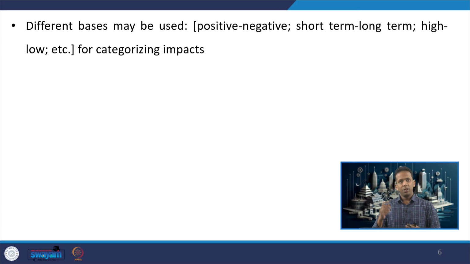When we list the impacts, we can categorize them on the basis of different criteria or categorizing metrics. For example, impact can be positive and negative. Even before positive and negative, there is one thing: if there is an impact or there is no impact. Suppose there is an activity of, say, construction of a road.